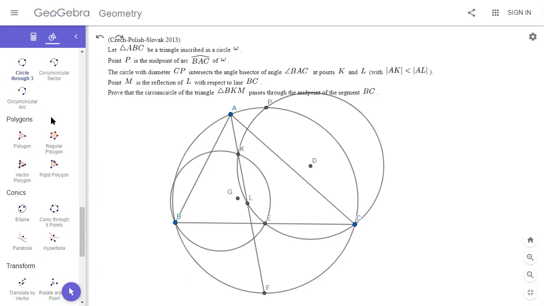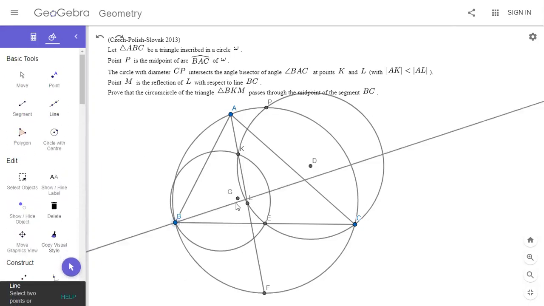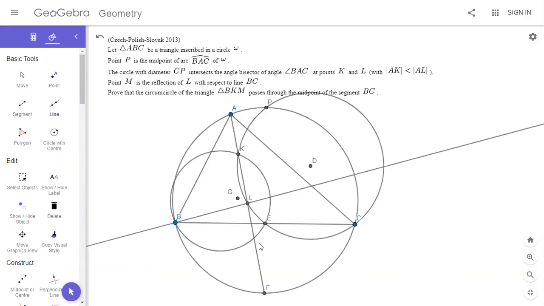So we want to show angle BGE equals angle BLE. So BG is perpendicular to KE. I think that might be an angle chase.